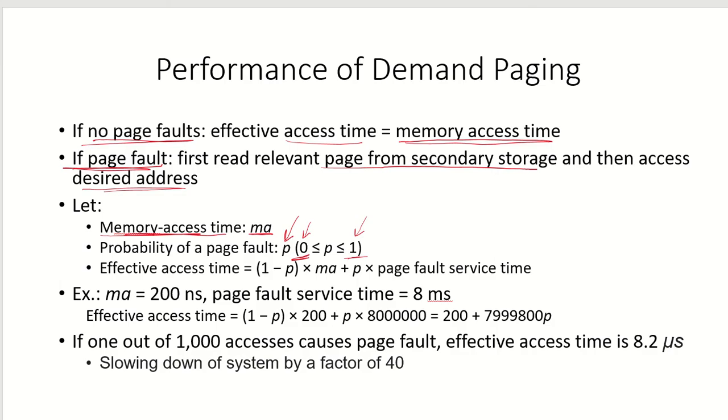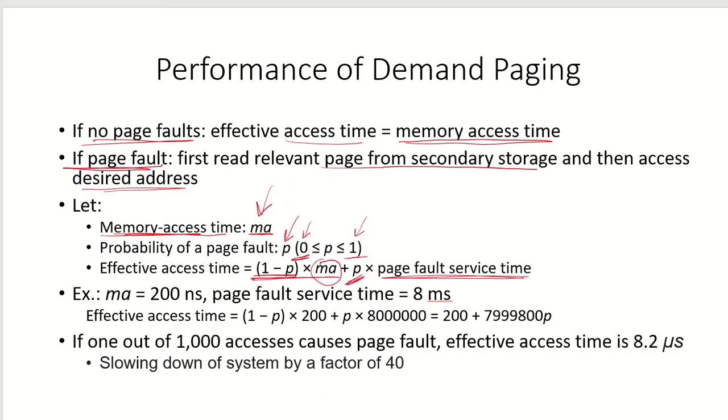So now the effective access time becomes (1 minus P) times MA, because 1 minus P is the fraction of time when a page fault is not happening. In those cases the time required is MA, the main memory access time, plus that many times the page fault happens, we will have to service it, so whatever time is required to service that page fault will be needed.